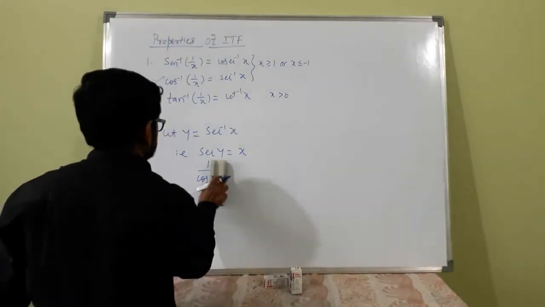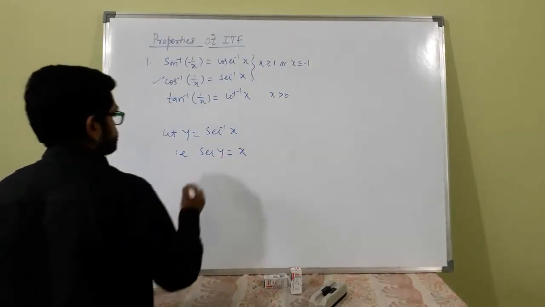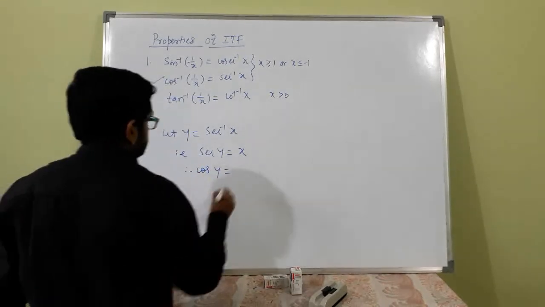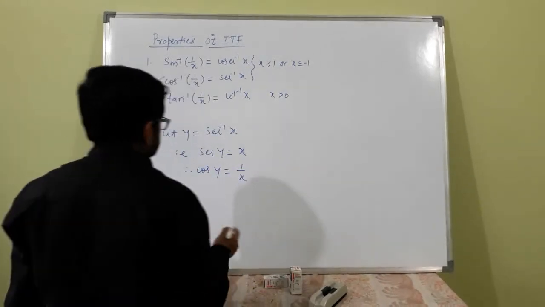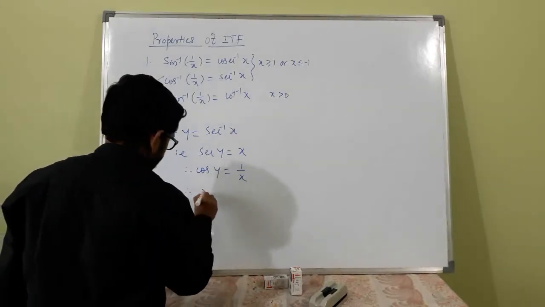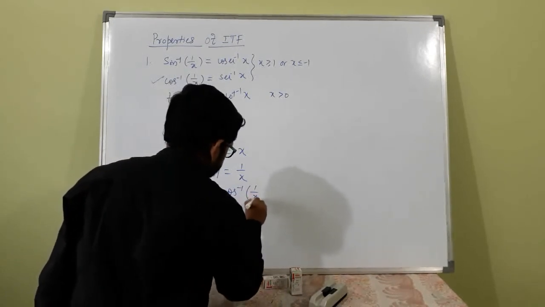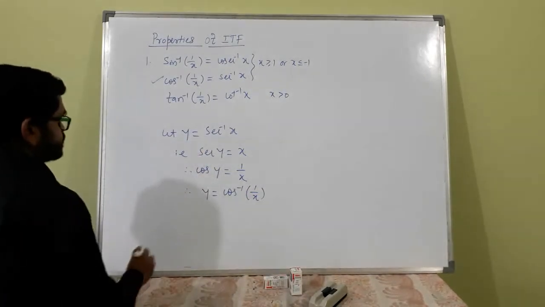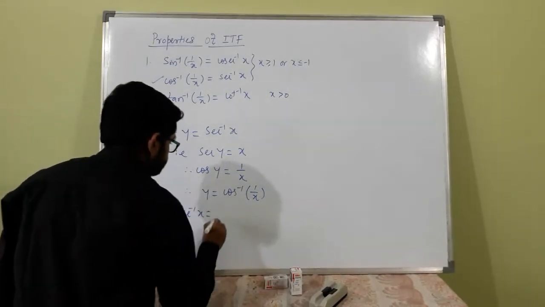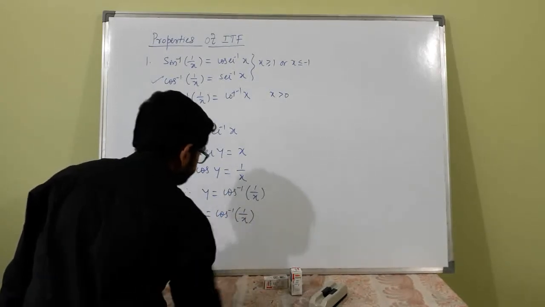So secant y is equal to x means cos y is 1 by x. Now you take the inverse. y is equal to cos inverse of 1 by x. What is y? y is secant inverse x. Therefore, secant inverse x is equal to cos inverse of 1 by x.